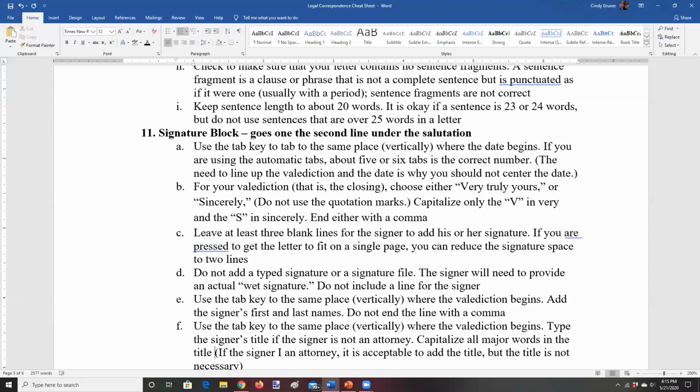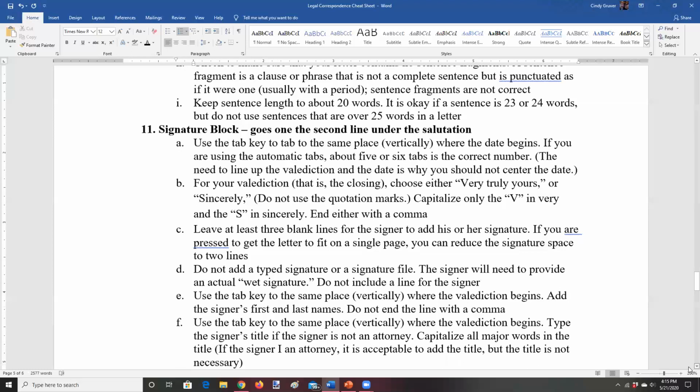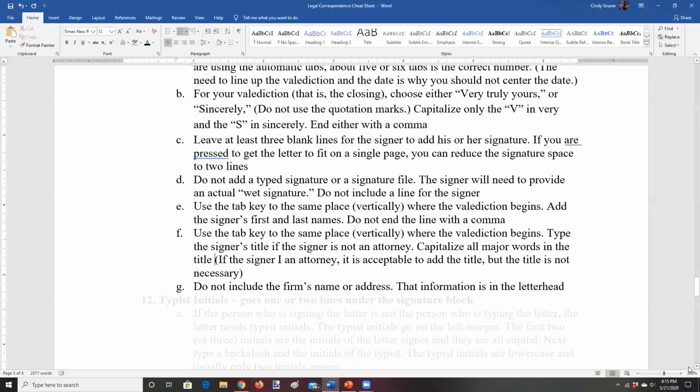Some law firms use a title, some law firms don't. And so that would be your decision. For this class, I'm not telling you a particular practice, except when you are signing as a paralegal, you absolutely have to have that title. It's an ethical issue, so you're not misrepresenting your status as a non-licensed person.